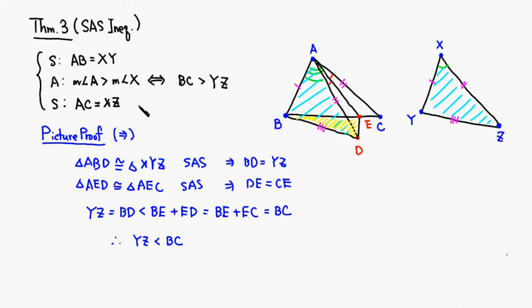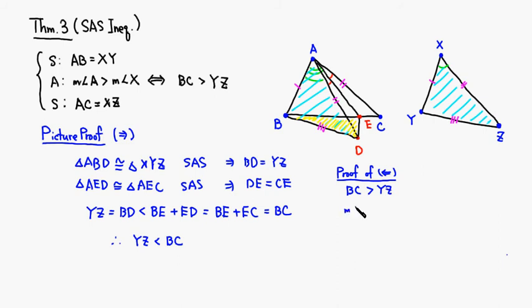If you want to prove the other direction, I'm going to just sketch the proof. We can prove this implication to establish it. Assume BC is greater than YZ. Then we look at three cases.